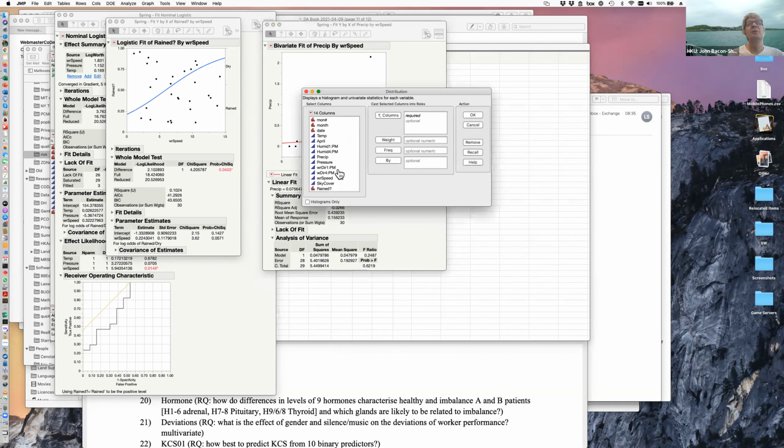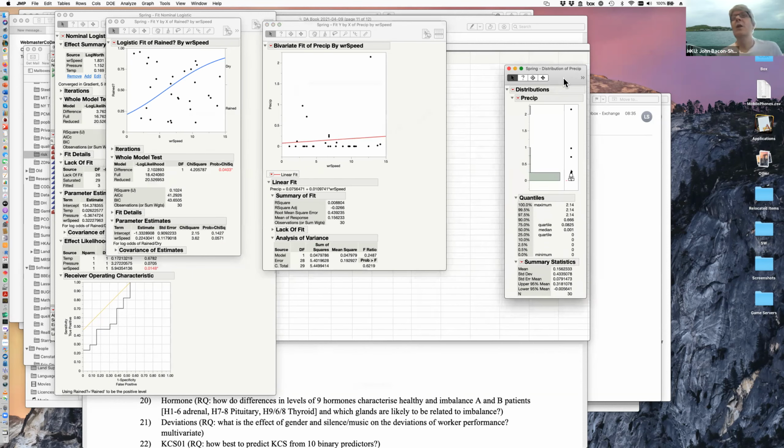So if we look at the distribution of precipitation, clearly fitting a linear model to this is not likely to work well, because we have lots of zeros. A quarter of our data at least is 0, and the median value is only 0.001, whereas the maximum is 2. So this is a very highly skewed distribution with lots of zeros. So it's not surprising we can't easily find a model. And in fact, what we're doing here in this logistic model is essentially just looking at the zeros versus the non-zeros, right?